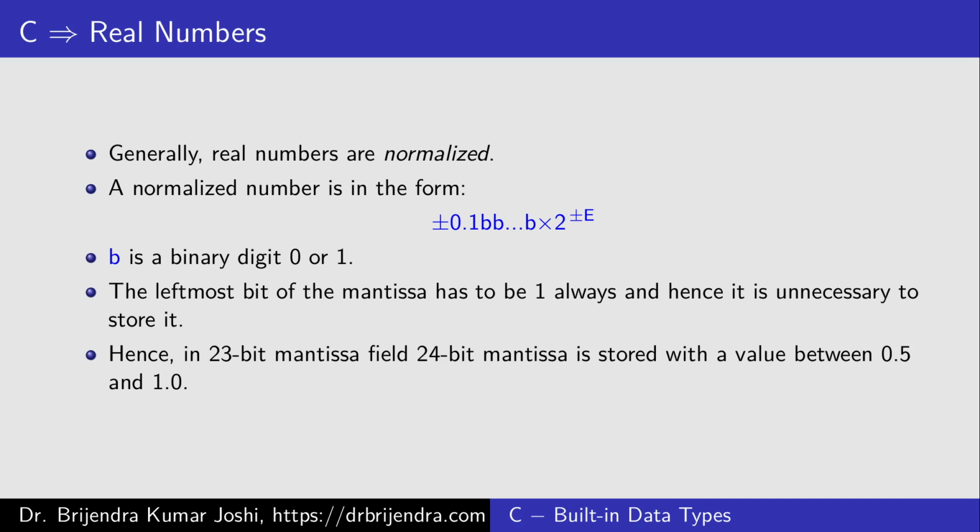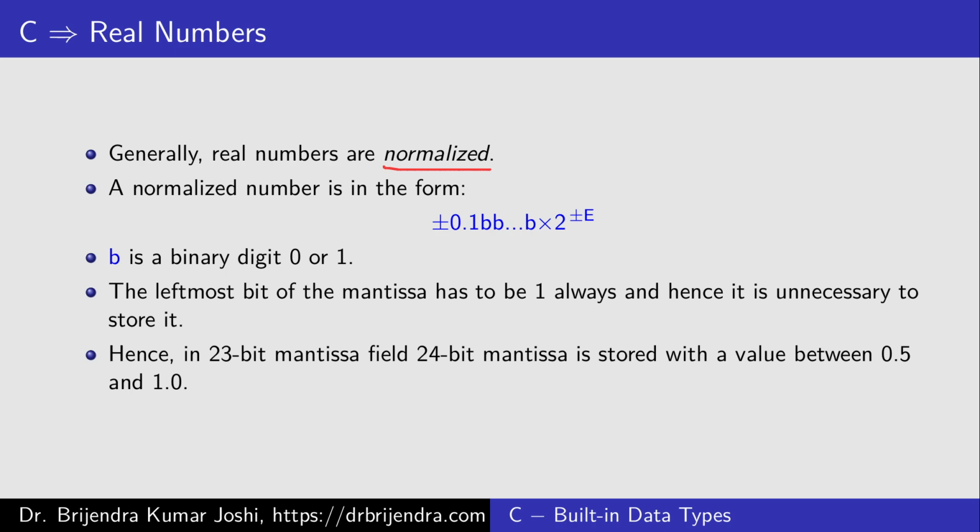Real numbers are generally normalized. A normalized number is in the form plus or minus 0, binary point, then 1 and so many b's, multiplied by 2 to the power plus or minus exponent. B is a binary digit, 0 or 1. The leftmost bit of the mantissa has to be 1 always.